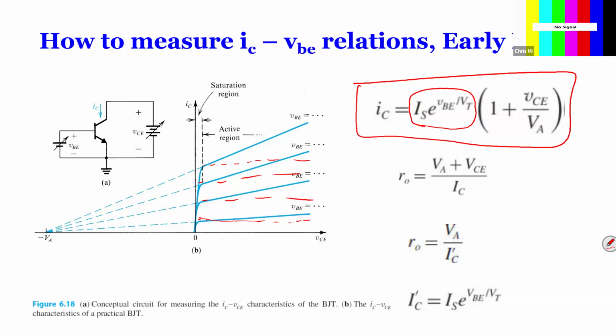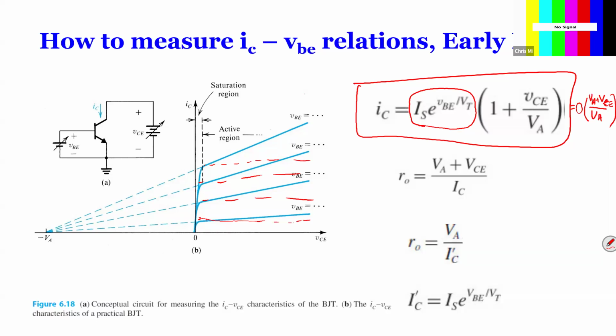Okay, let me do one more. In this expression, the front part doesn't change, so I just leave it, and inside it becomes VA over VA plus VCE. So inside the parenthesis is VA plus VCE over VA.